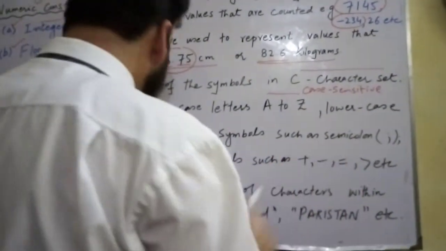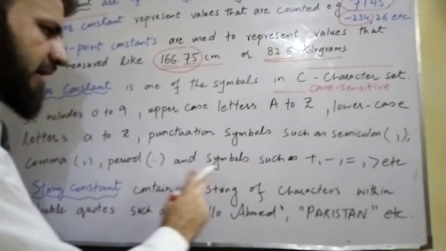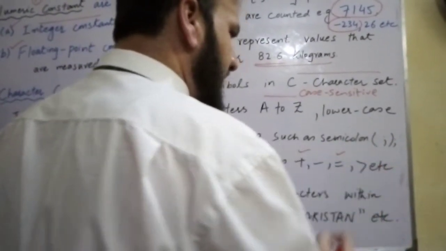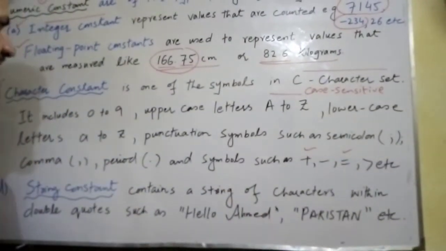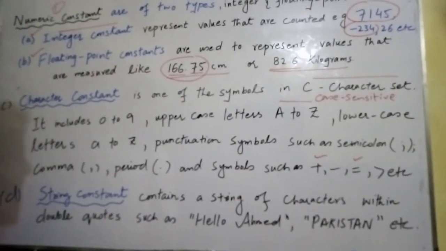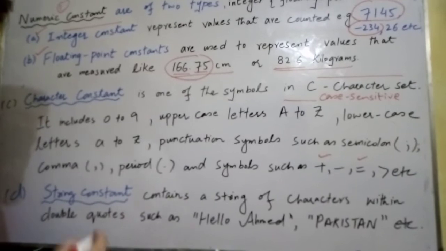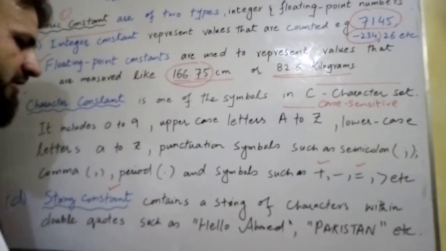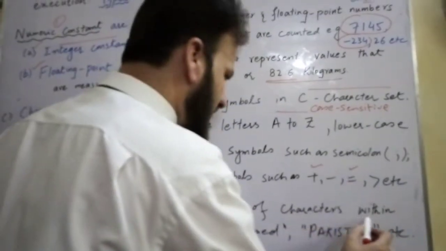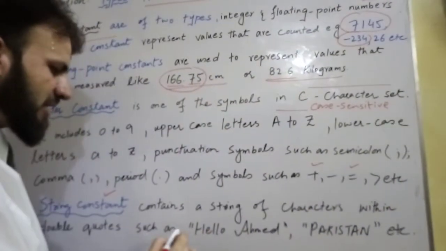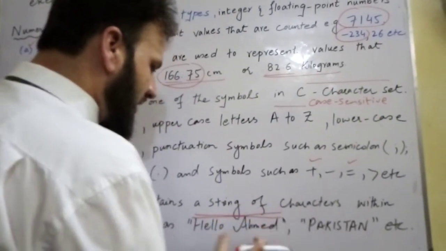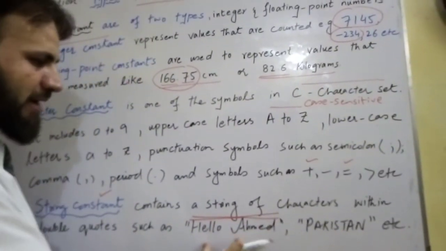Similarly, punctuation symbols such as semicolon, comma, period, and symbols such as plus, minus, equal, greater than. All these characters can be used as character constants by using single quotes. D, string constant last. It contains a string of characters within double quotes, such as here in double quotes there is a statement, hello Ahmed.